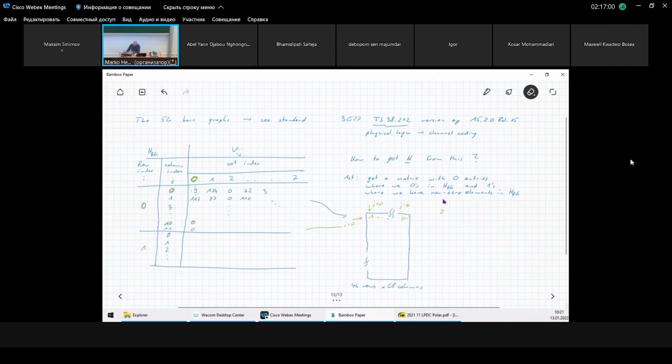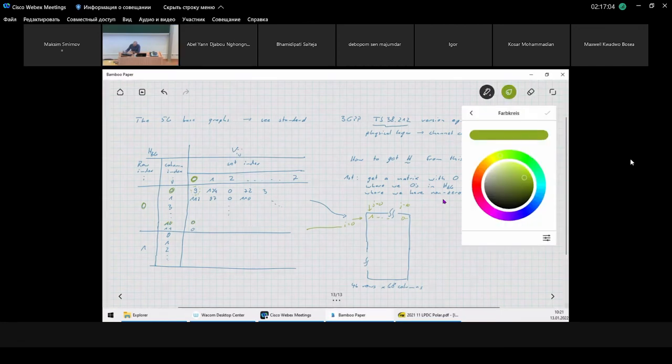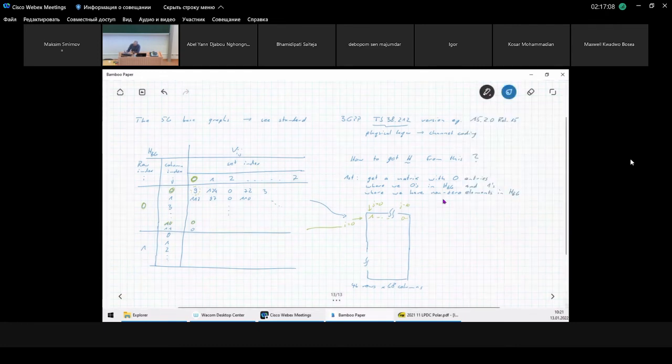Second, values are replaced by a C matrix; zero elements by a zero matrix.